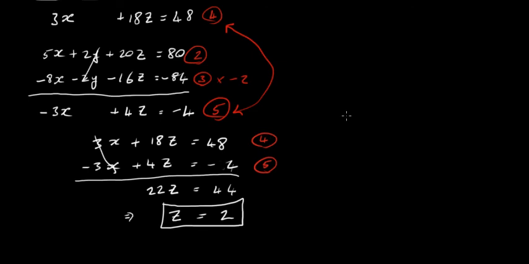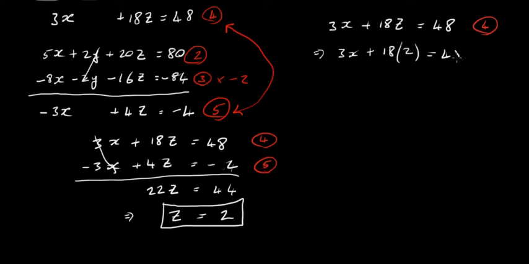Okay, so over here then, let's take equation number 4 here. We've got 3x plus 18z is equal to 48. This is equation number 4. And all I'm going to do now is just substitute in the z here. So that will give me 3x plus 18 times 2 is equal to 48.